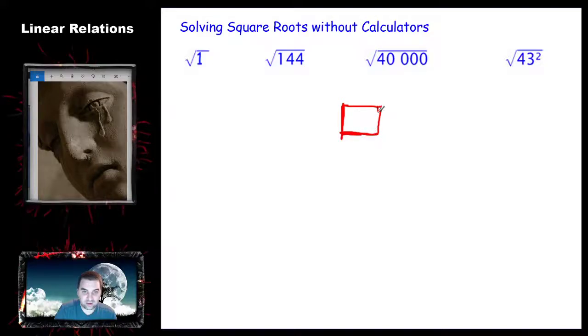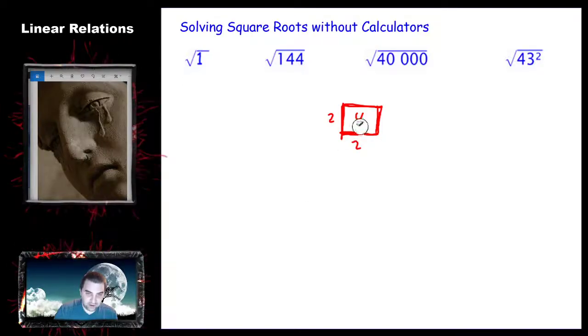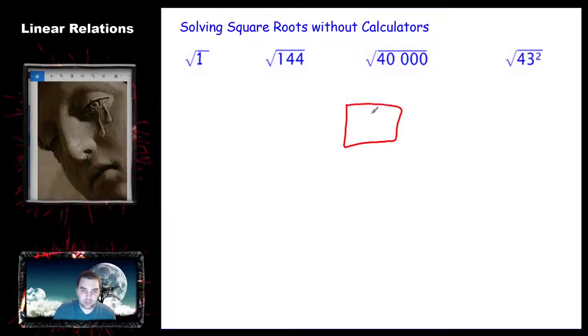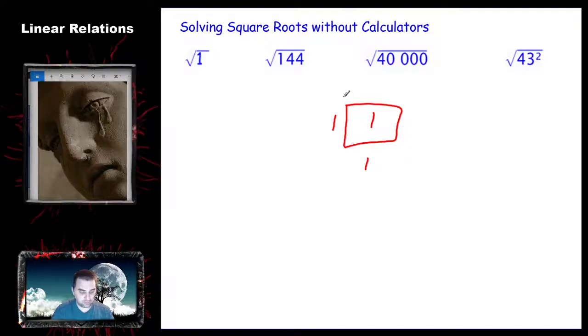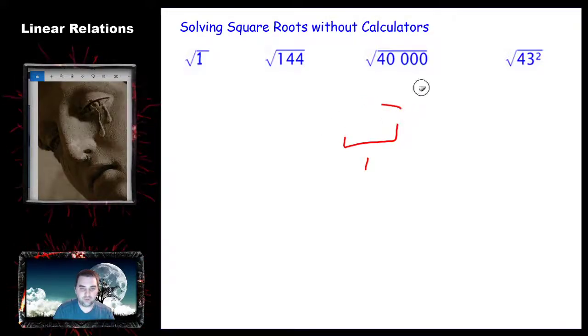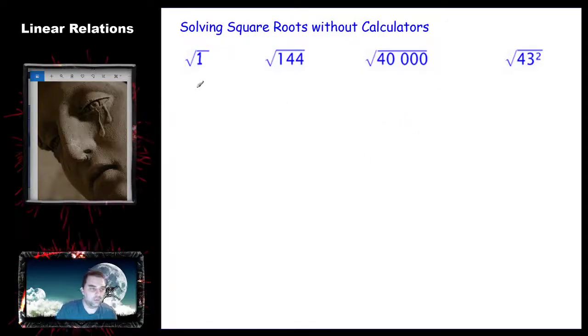So if you're looking at something like 4 on the inside, then we know that the side lengths are 2. If we have the area of 1, then the side lengths are just 1 and 1. So easiest question ever, square root of 1, well, it's just going to be 1. So the answer here is 1.